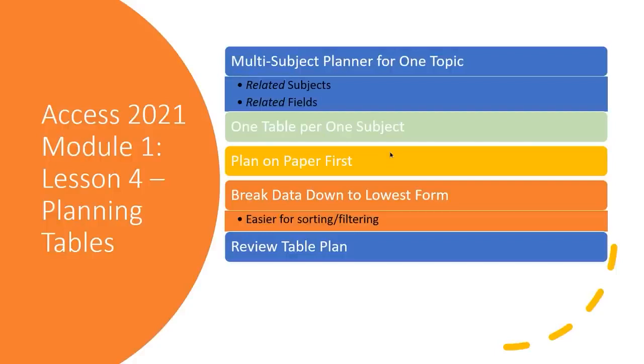One thing you want to do is plan your tables on paper first. And when you're planning your tables, think of what you want to name the table as well as what fields are going to be in the table. And you want to break your fields down to their lowest form. So in other words, you don't want just one address field in, say, for example, a customer's table.